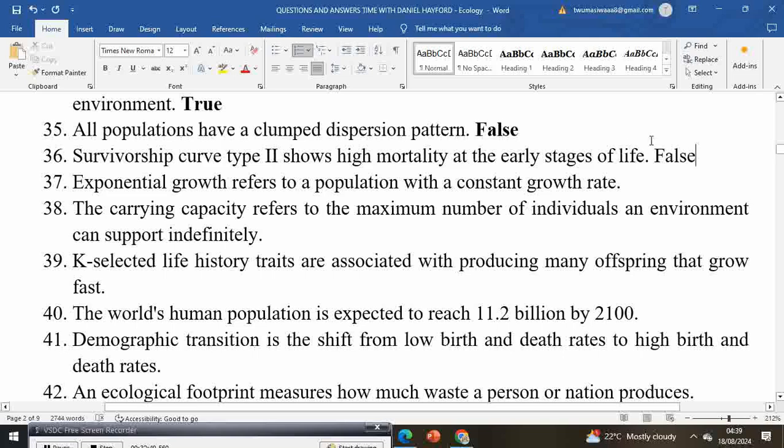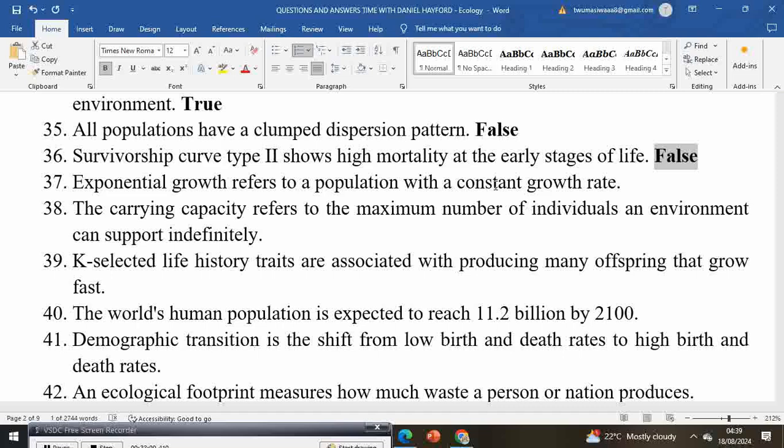It is false. Survival curve type 2 does not show high mortality at the early stage of life. So what does it show? Reflect and note down your answer.